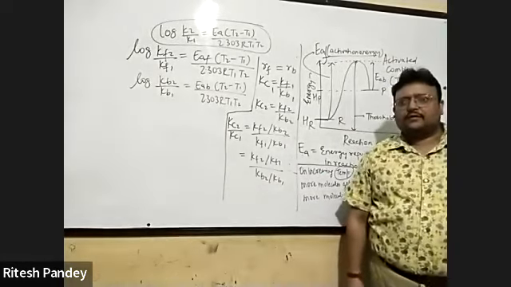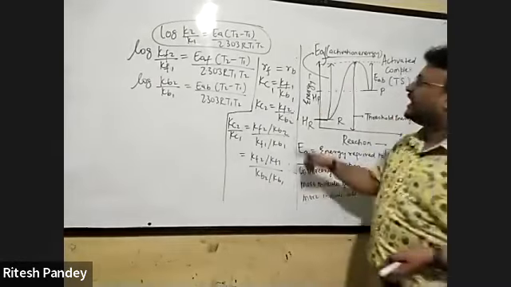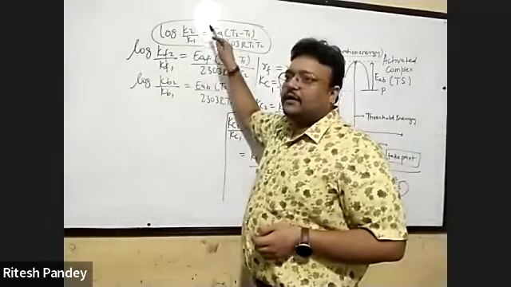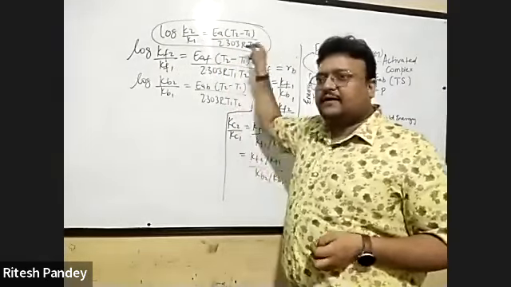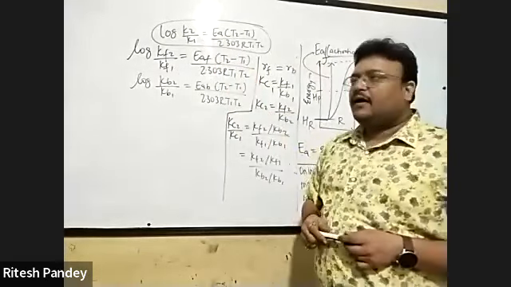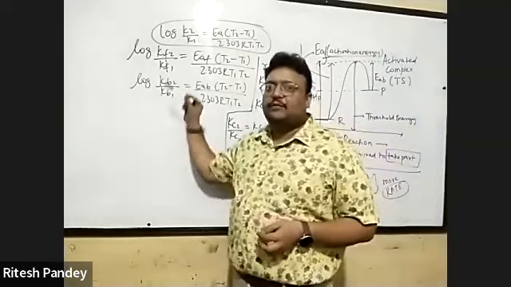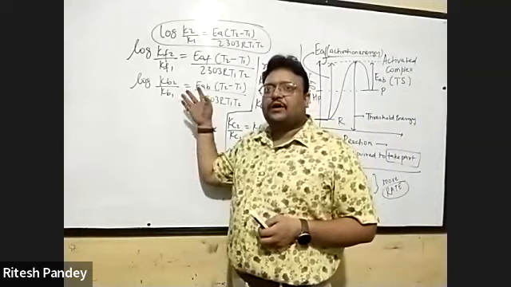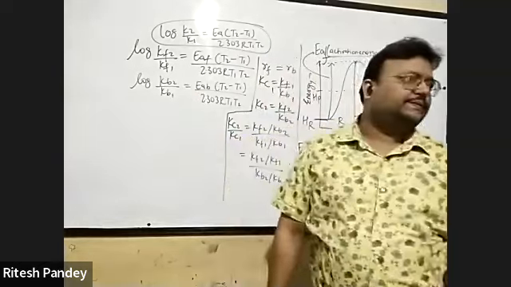Yes or no? So how would Kf change? Kf2 by Kf1 is equal to EAF, and everything else remaining the same. How would Kb change? Kb2 by Kb1 is K changing with temperature from T1 to T2. Yes or no?